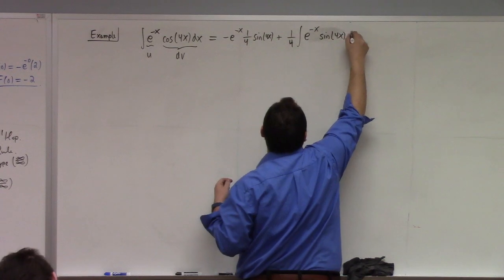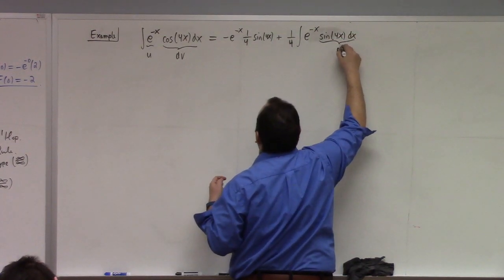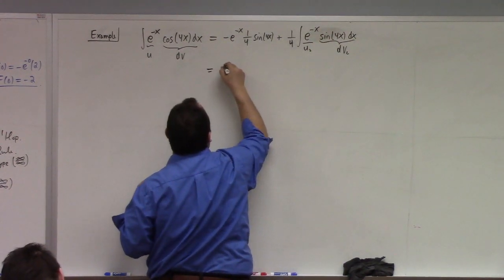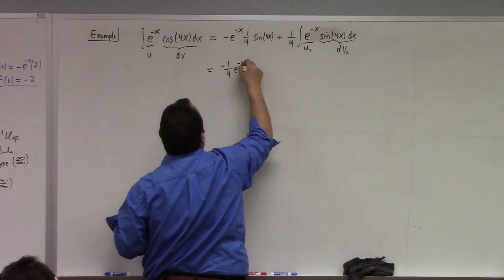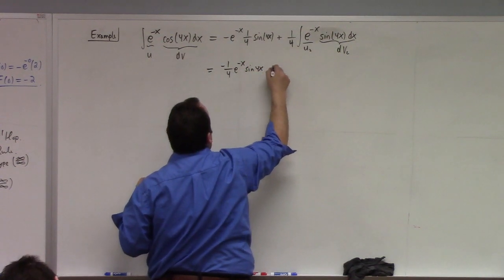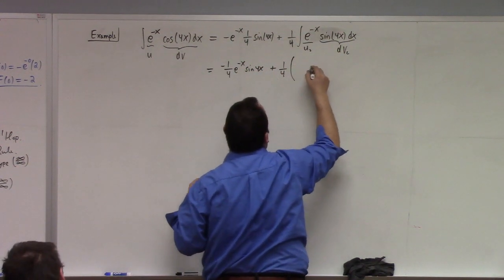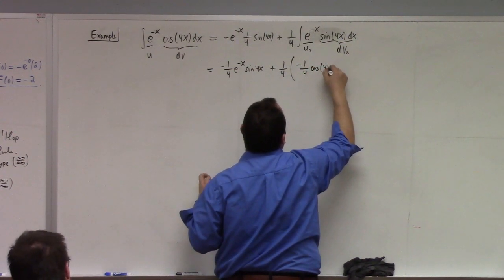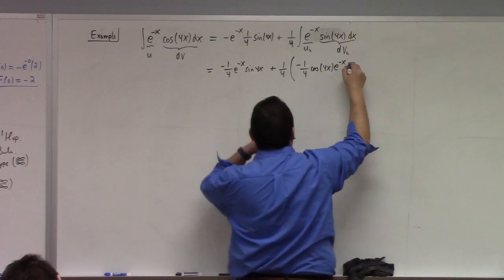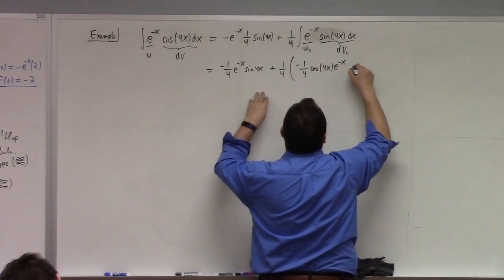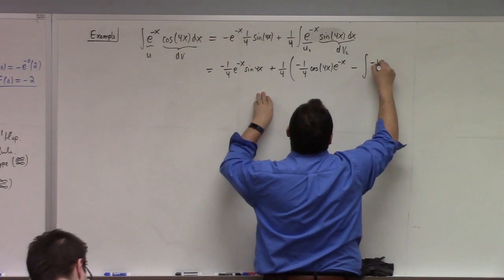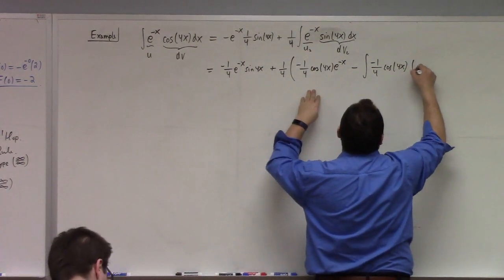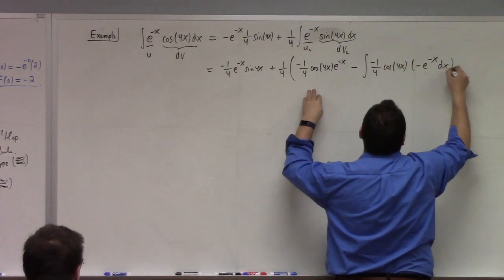sine of 4x dx. Make this my dv2, my u2. Minus 1/4 cosine 4x e to the minus x, and then minus the integral of minus 1/4 cosine 4x, du is minus e to the minus x dx.